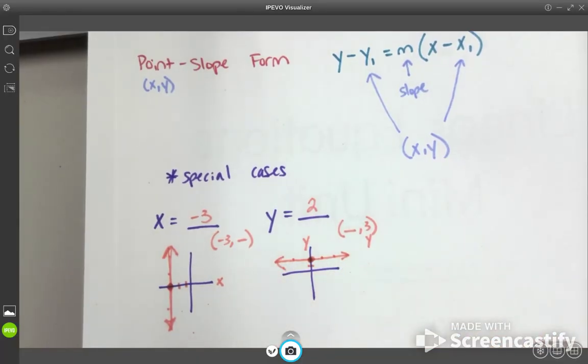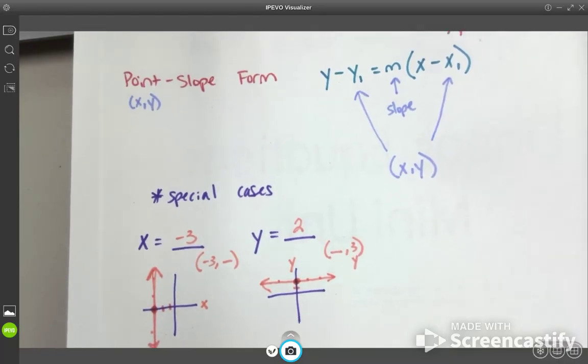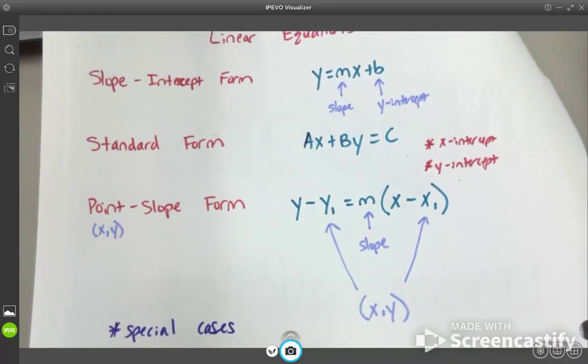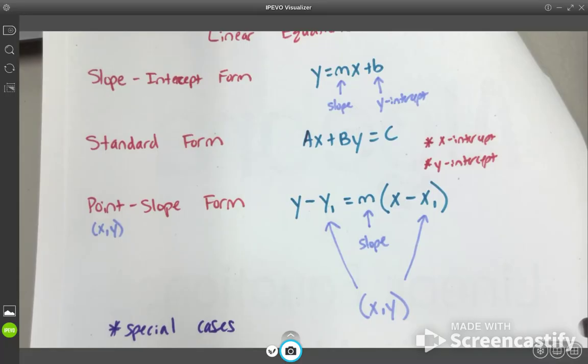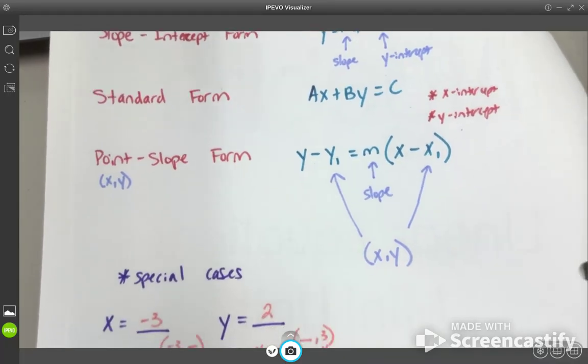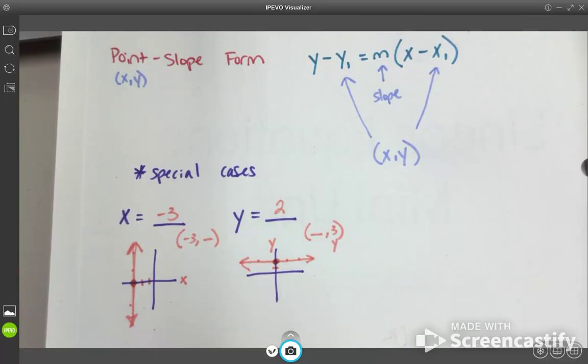So when you see a linear equation, if there's a y and an x, it's one of these 3 forms that we spent more time on yesterday, but I'll do another one of each. If there's only a y or only an x, you're dealing with a vertical or horizontal line.